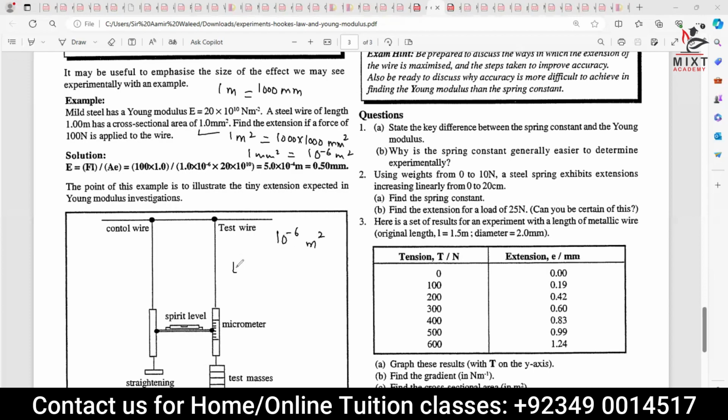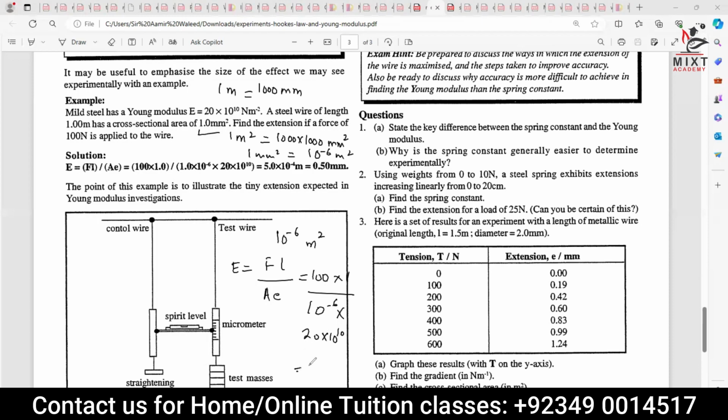The formula is E is equal to FL divided by AE. Force is how much? 100. Length is how much? 1. Area is how much? 10 raised to the power minus 6. And E is equal to 20 into 10 raised to the power 10.